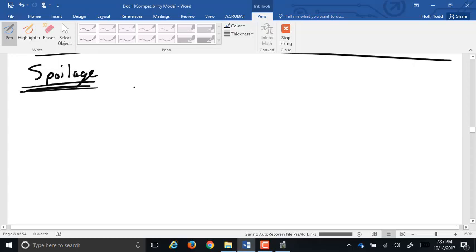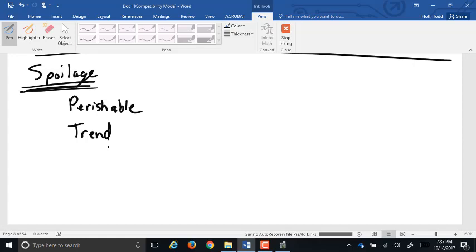Let's look at spoilage. Spoilage alert. Spoilage can be one of two things. It can actually be perishable goods, or it can be trendy goods. So perishable is usually food. Trend would often be clothing, goes out of style or goes out of season.